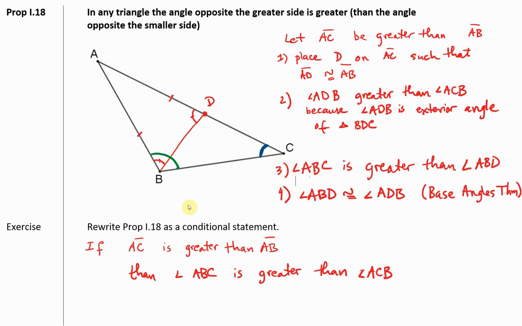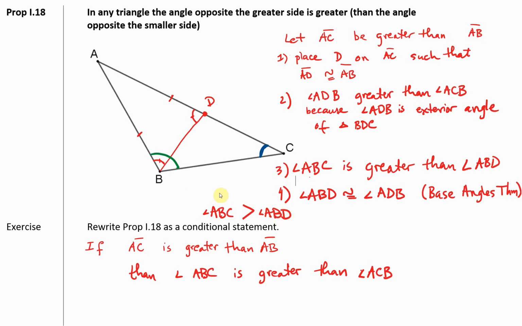So we have to join that together in a few little pieces. Okay, so let's start here. ABC is greater than ABD, and ABD is congruent to ADB. Okay. So I'll use mathematical symbols. ABC, that's from step 3, is greater than ABD, I'm sorry.